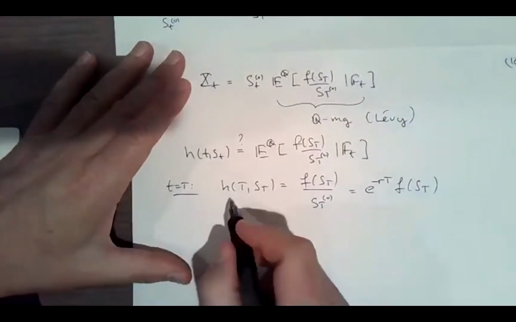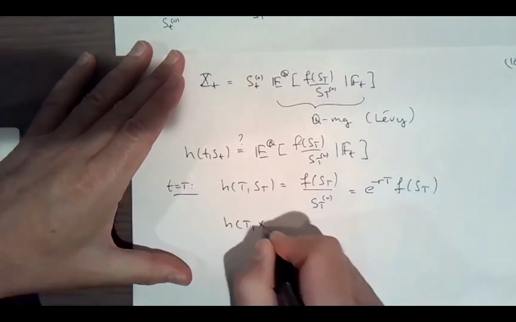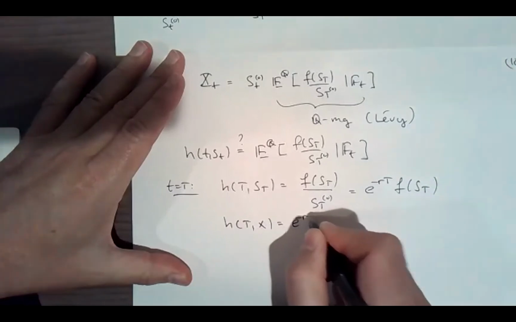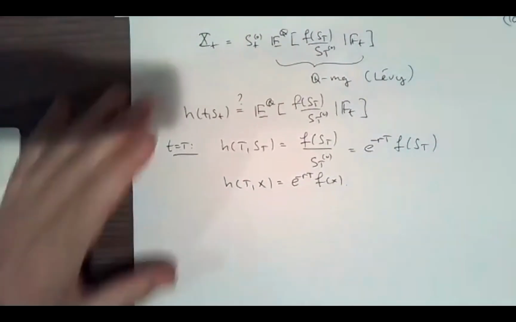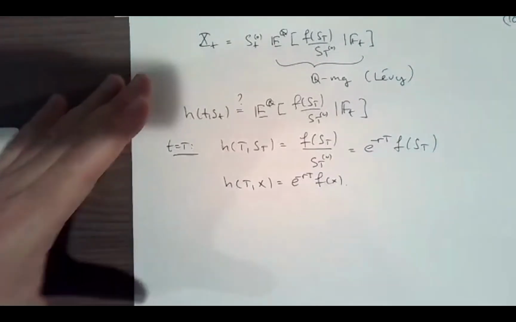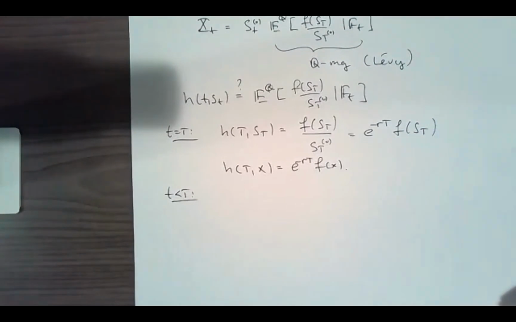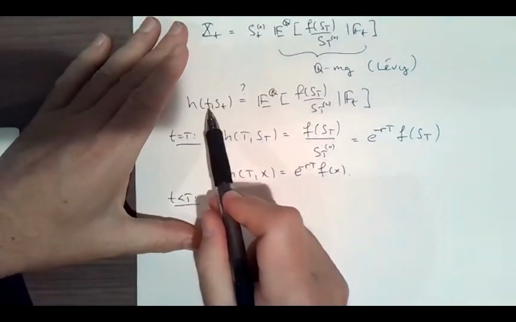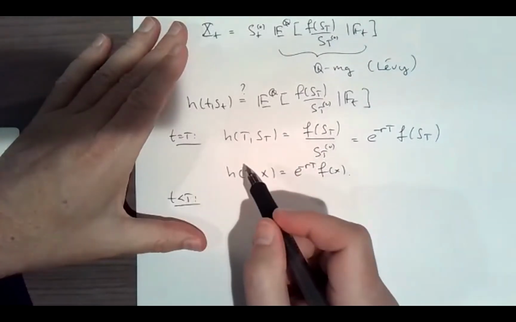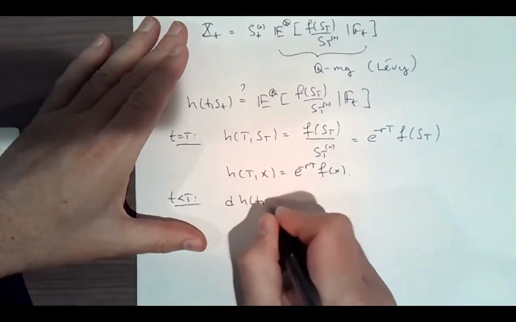Right, so the function h at maturity should be e to the minus rT f(x). Then the second part is when we're less than T. Then we're going to get a PDE, because we know that this ought to be a martingale. Right, so we'll apply Ito's lemma to compute the dynamics.